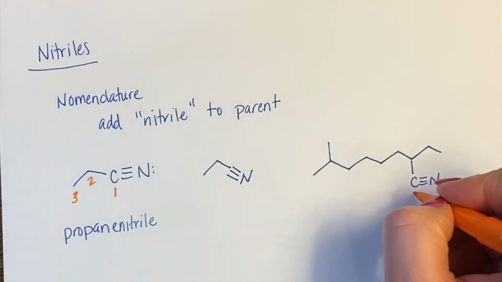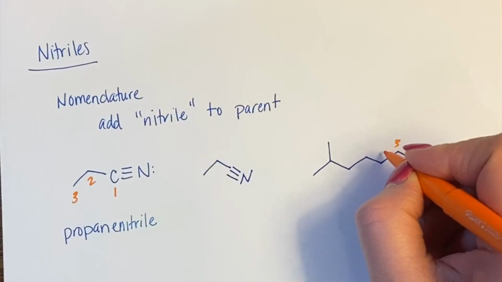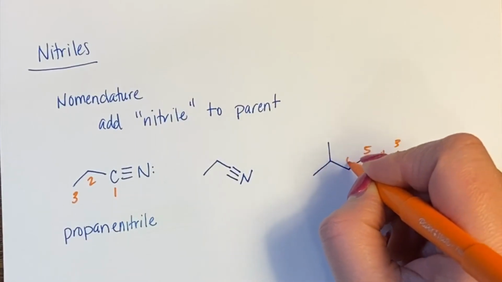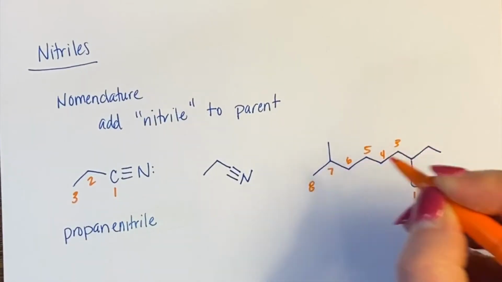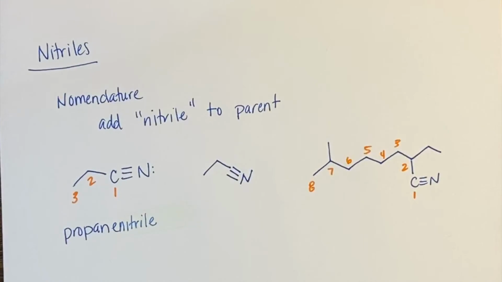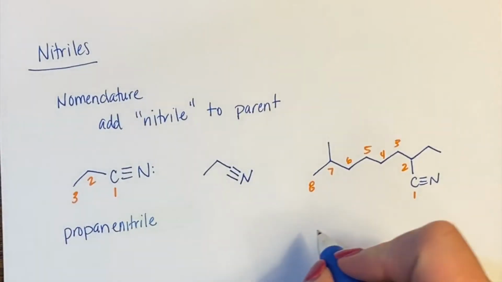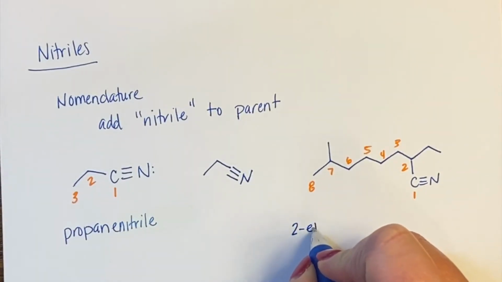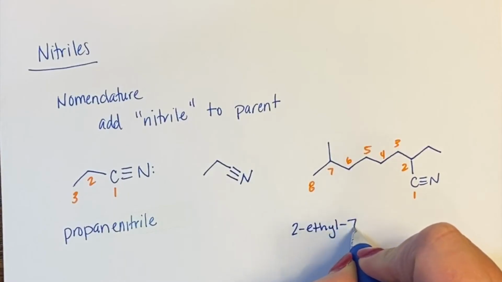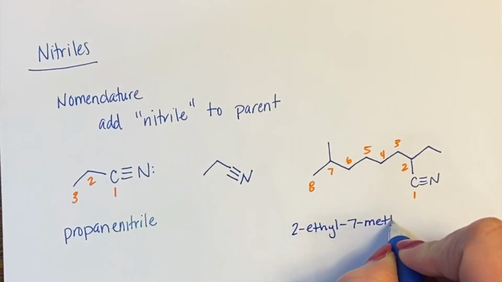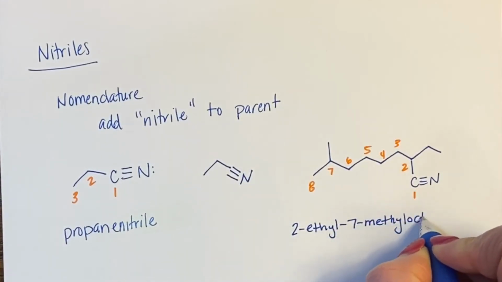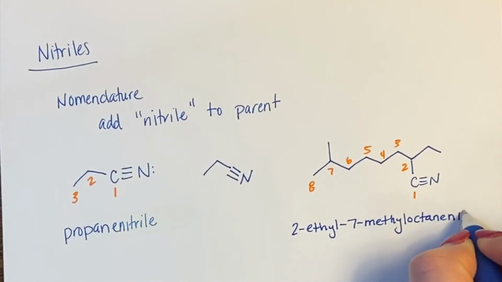So that gives me 1, 2, 3, 4, 5, 6, 7, 8 carbons in my parent chain. At carbon number 7, I have a methyl. At carbon number 2, I have an ethyl. So the name of this compound is going to be 2-ethyl, 7-methyl, octane nitrile.